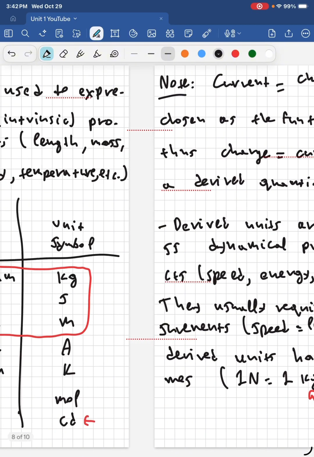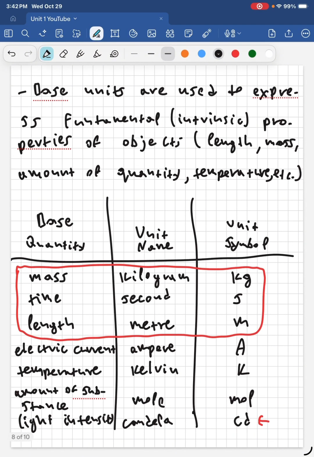Derived units are expressed in terms of these 7 base units. And these 7 base units are independent of each other because, as I said earlier, length cannot be expressed in terms of time or mass or current or something like that.